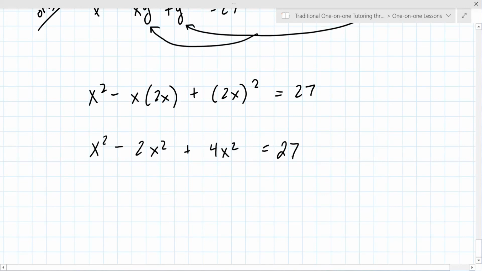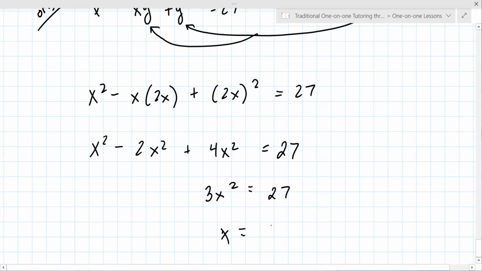Okay, so let me solve this. So that's 2x squared plus, and then you can combine those. Plus 2x squared, 3x squared, plus or minus 3.